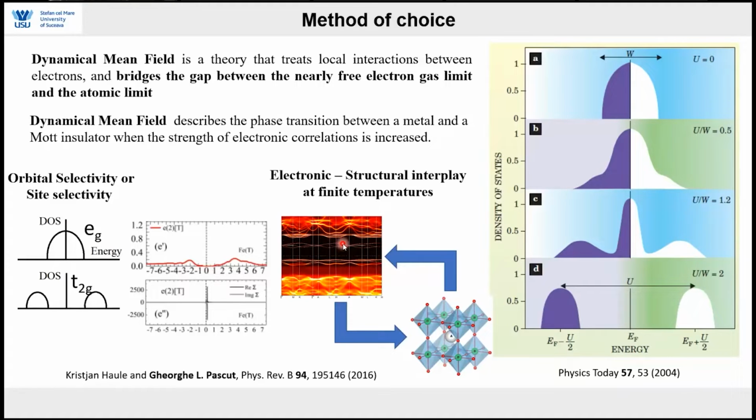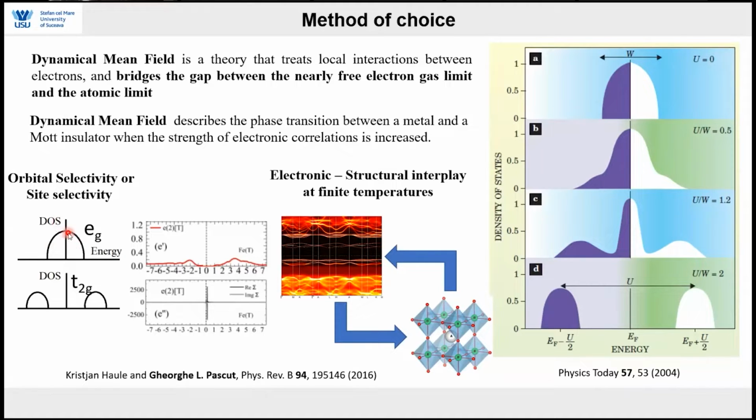Now, if you have a system where, for example, you have one electron occupying one band, we know based on the Pauli principle that you can have 2 electrons in each state or in each band, so if you only have 1 electron, you have this kind of density of states. Half of the band is filled, half is empty, and you end up with a metal.